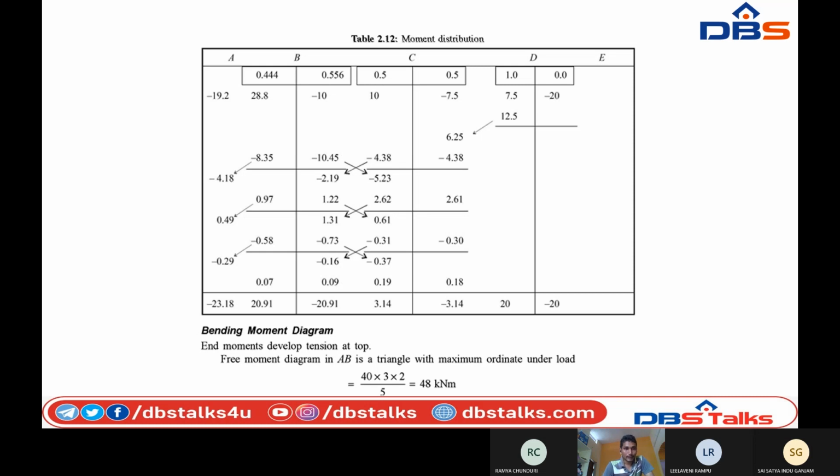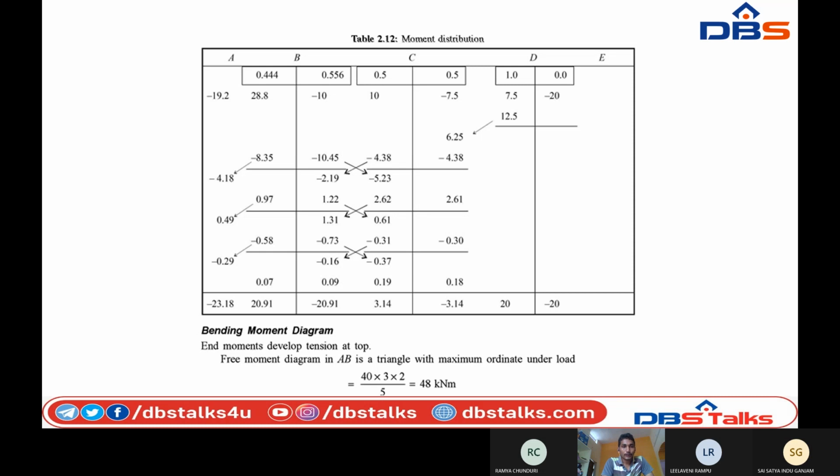Here next, the AB span: 28.8 minus 19.2 into 0.444, the value is minus 8.35, carry over by 2 equals minus 4.18.